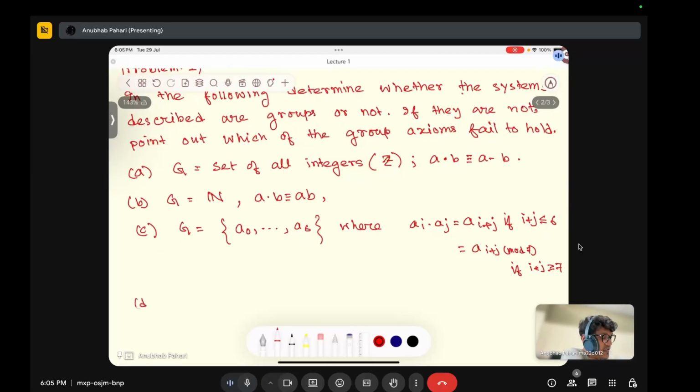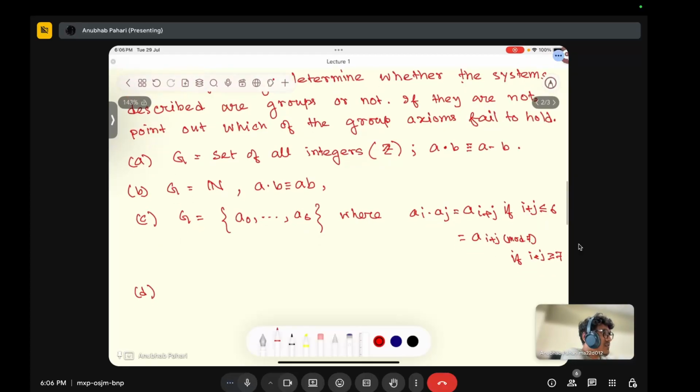And D. G is the set of all rational numbers with odd denominators.